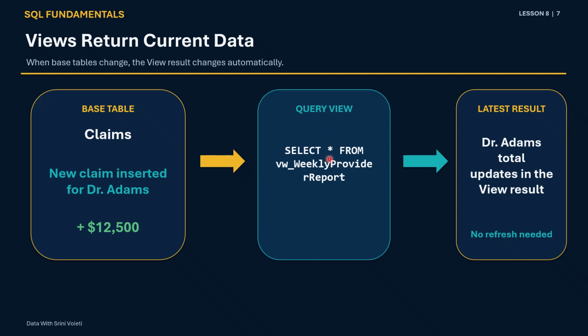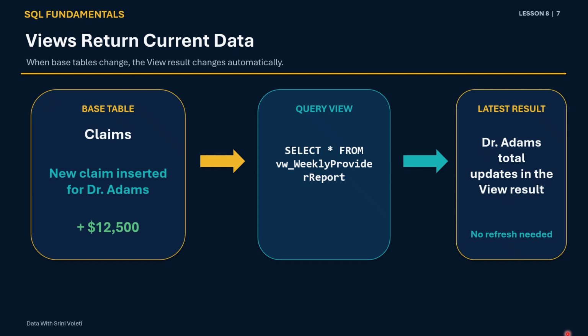If you explicitly list the columns the view is meant to expose, the view's contract is clear. Instead of select star from the claims table, prefer intentionally selected columns when designing a reporting view. That gives you more control over what consumers see and makes the view's purpose easier to understand.